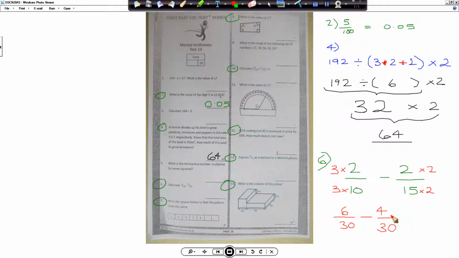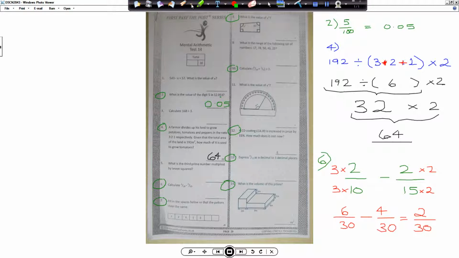The bottom number stays the same, and you only take away the top numbers. So 6 take away 4 is 2, and you copy the bottom number across. So your answer here is 2 over 30 for number 6.